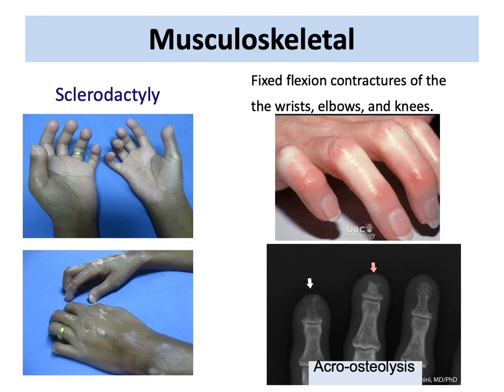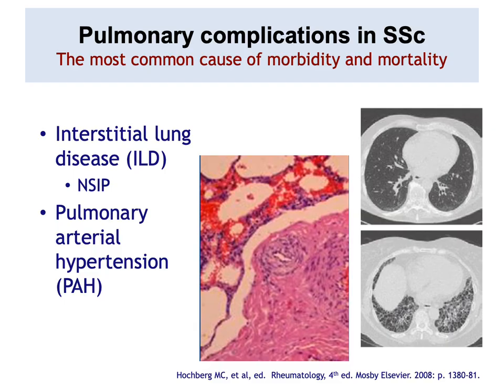Patients with scleroderma, particularly limited cutaneous scleroderma, present with sclerodactyly or the flexion contracture of the fingers that may also involve the wrists, the elbows, and the knees. There may also be acroosteolysis that is seen in radiograph, that is due to the dissolution of the terminal digital phalanx because of ischemia.